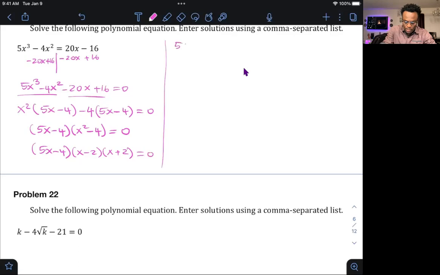So 5x minus 4 equals 0, x minus 2 equals 0, x plus 2 equals 0. X equals 4/5, x equals 2, x equals -2. Solution set 4/5, 2, -2.